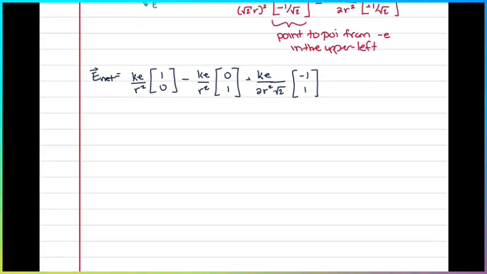And then, unfortunately, all the denominators are not the same, so we just have to simplify. If I combine the first two, it looks like that becomes kE over r squared, with 1 minus 1. And then I still have the plus kE over 2 root 2 r squared, with negative 1, 1.